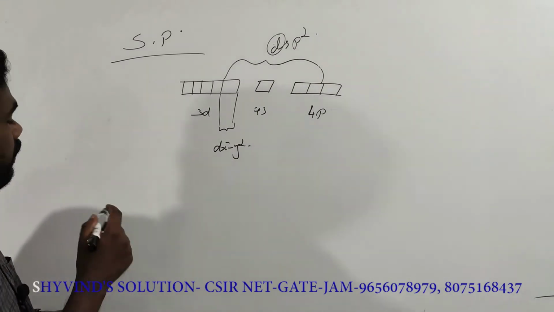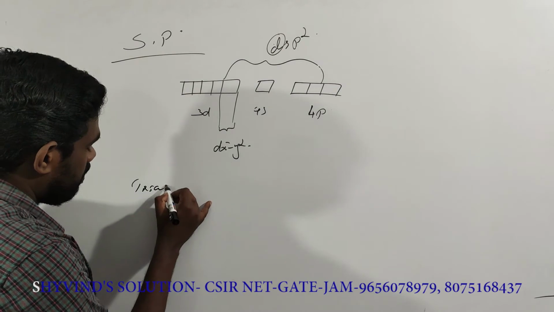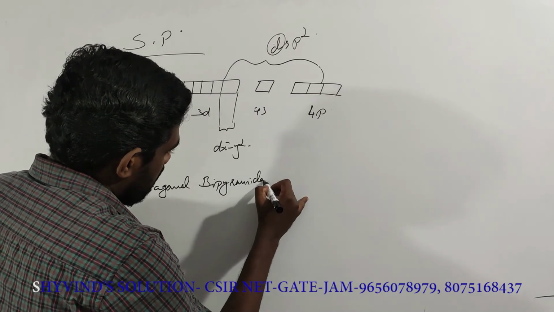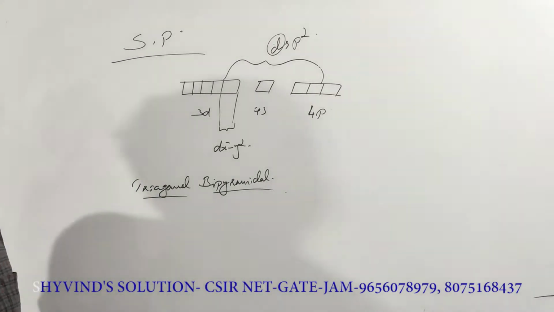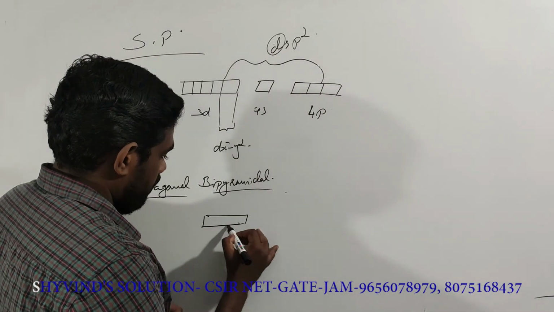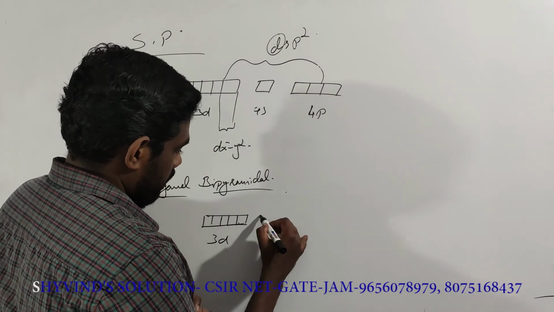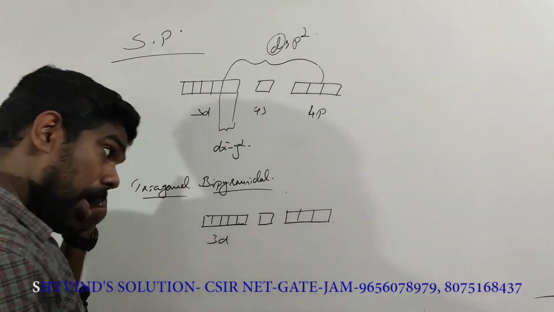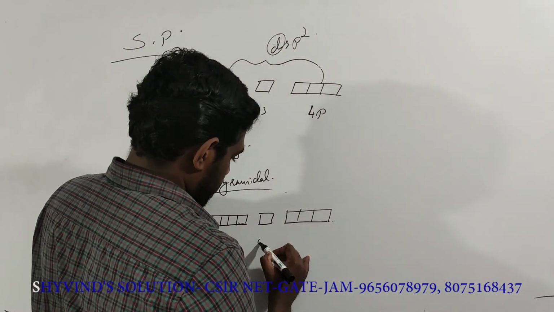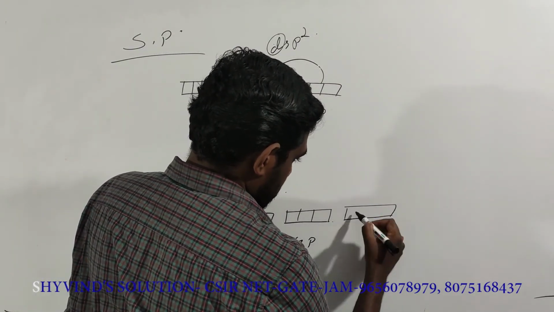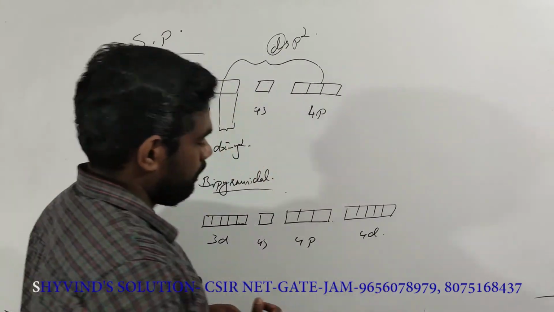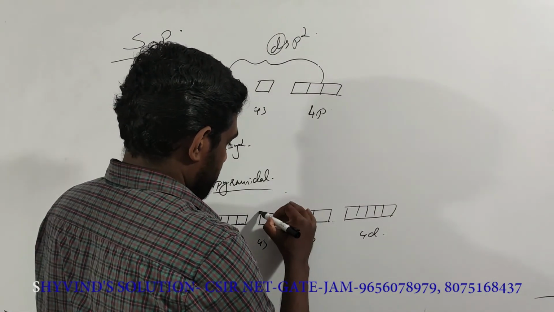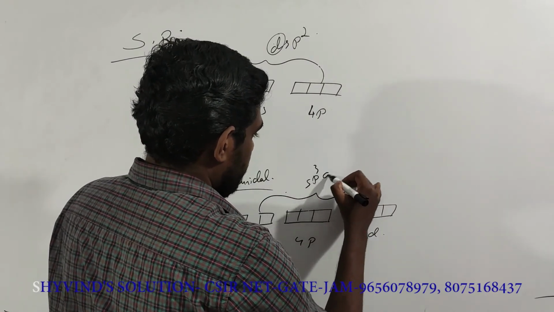For trigonal bipyramidal system, if we have 3d, 4s, 4p, 4d, for this one we will have sp3d hybridization.